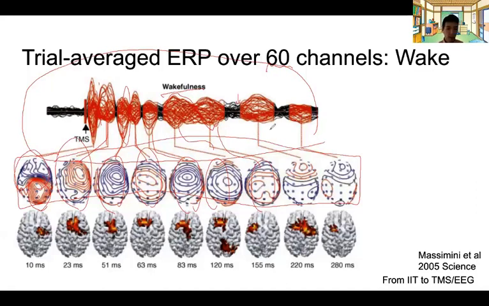And the last one is called current source density or source density estimate. Using some computational techniques, they were able to estimate how the activation spread based on this algorithm. Here, this is 10 milliseconds after the stimulation.